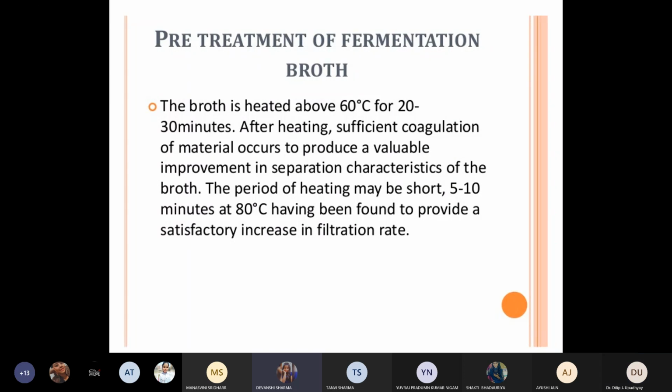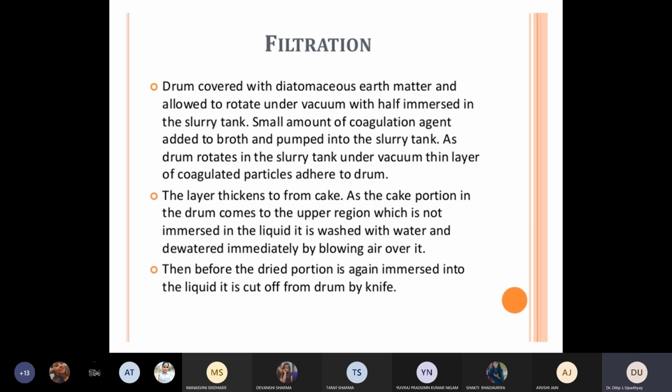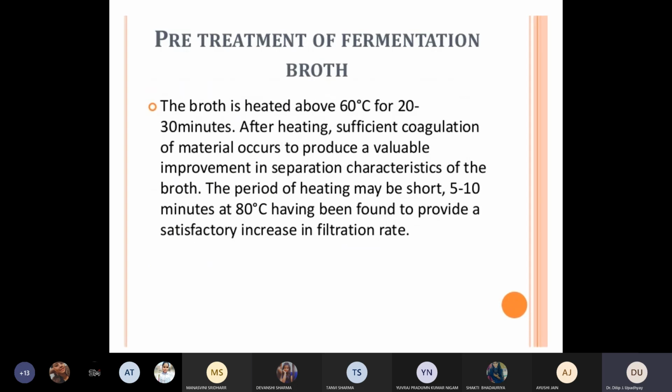The broth is heated at... The period of heating may be short, 5 to 10 minutes at 80 degrees Celsius, having been found to provide a satisfactory increase in filtration.